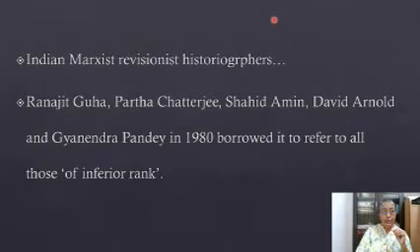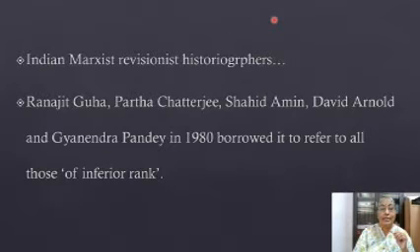The term is used by Indian Marxist revisionist historiographers like Ranajit Guha, Partha Chatterjee, Shahid Amin, David Arnold, and Jnanendra Pandey in 1980, and they use the term to refer to all those of inferior rank, whereas Gramsci used the term to refer to the working class people or the workers of the 1930s.